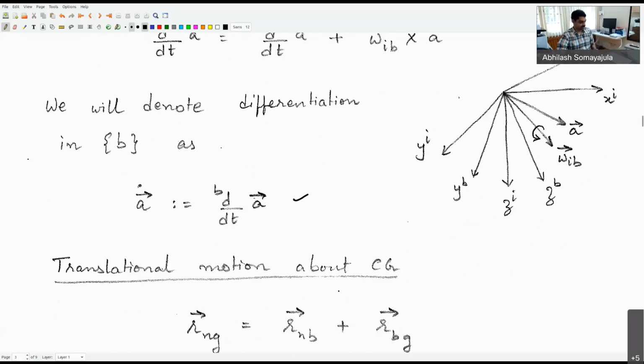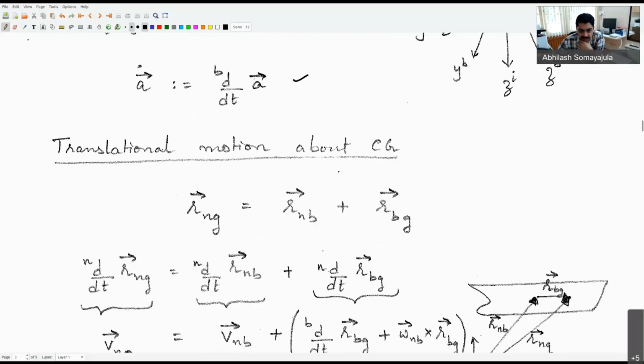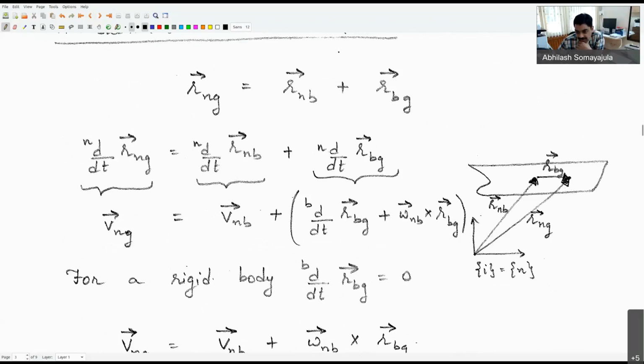Now we are in a position to start looking at the translational motion of the center of gravity. We know that the location of the center of gravity with respect to the NED frame is R_NG, and that can be taken to be equal to R_NB plus R_BG. Let's see what I mean by that.